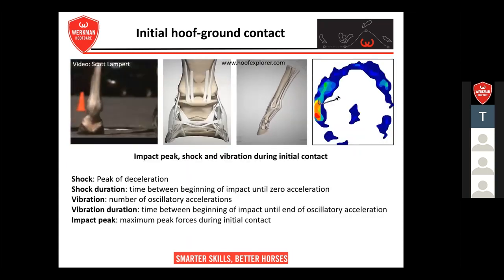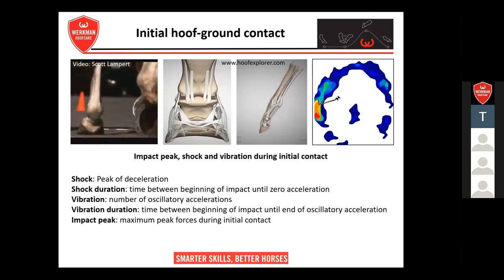During initial contact, in the literature there are some parameters describing the development of initial contact. And this is shock. Shock is the peak of deceleration. So the hoof lands, and all of a sudden, of course, it's decelerated.